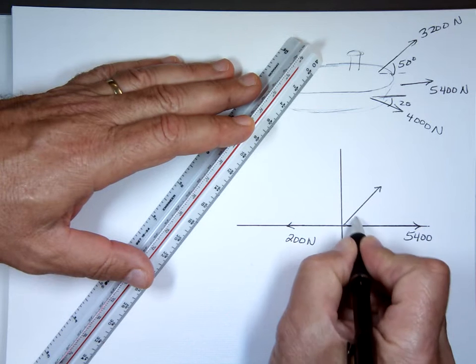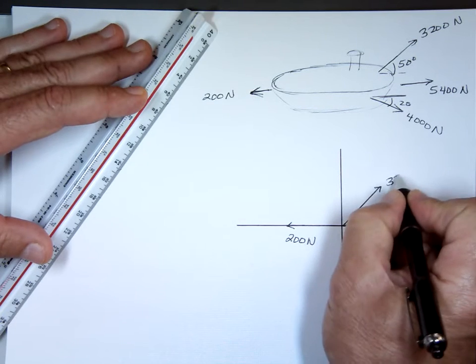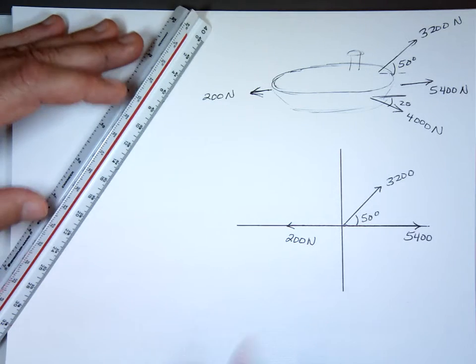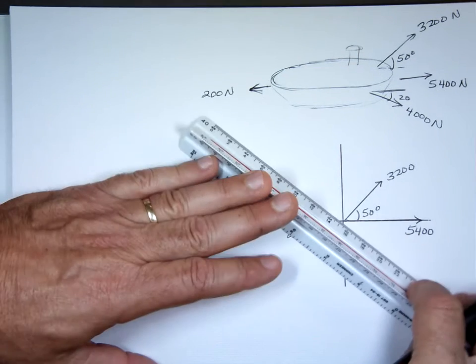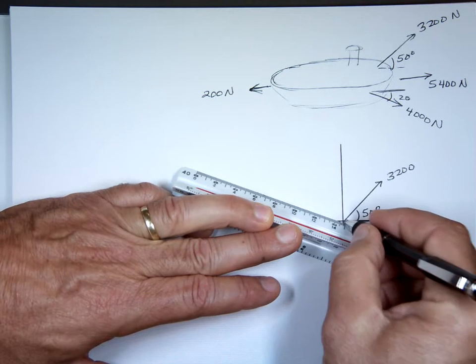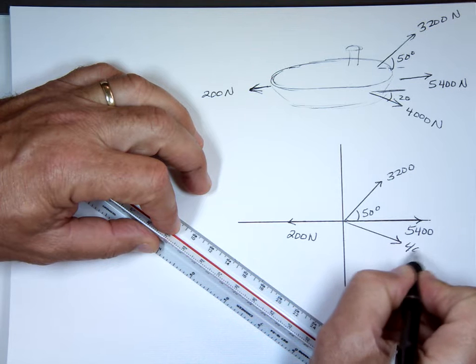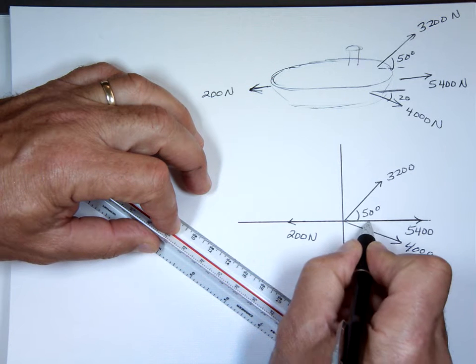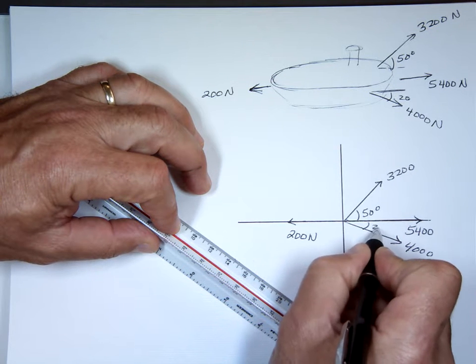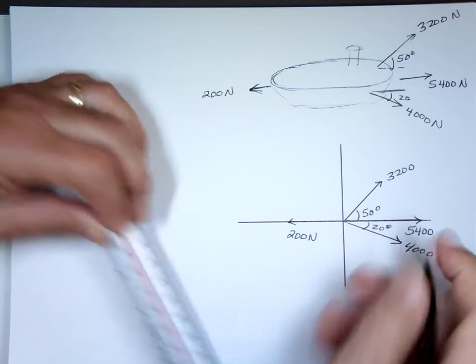This is 50 degrees here of 3,200. And I got one pulling down in this direction, another one of 4,000. And the value of the angle is 20 degrees. These are all the forces I have working on that cruise line.